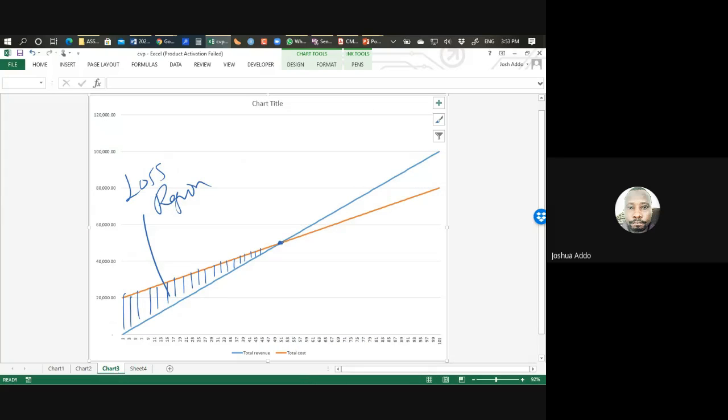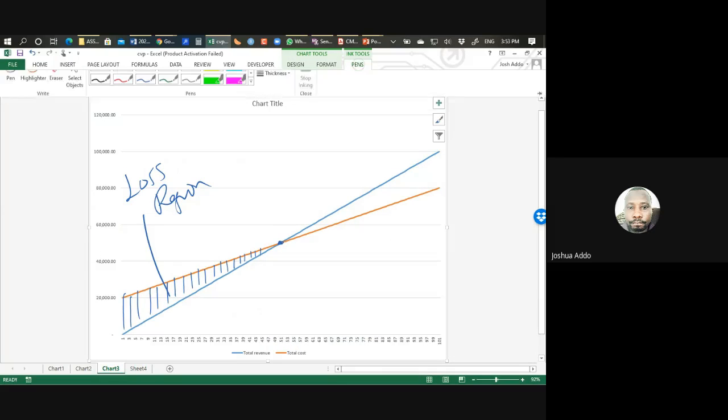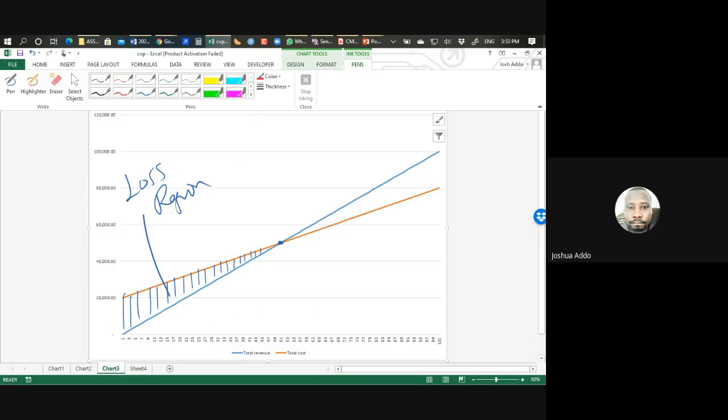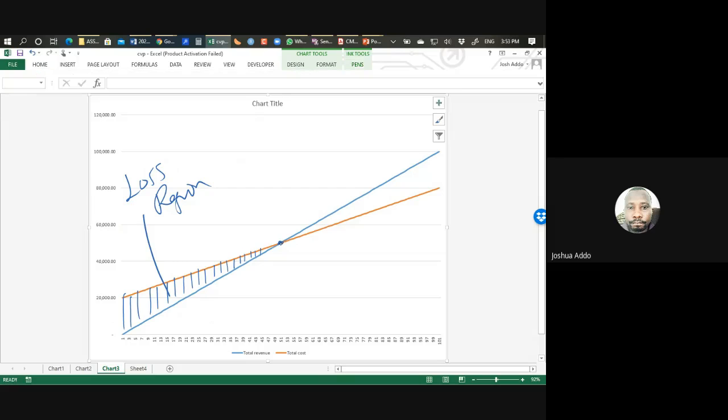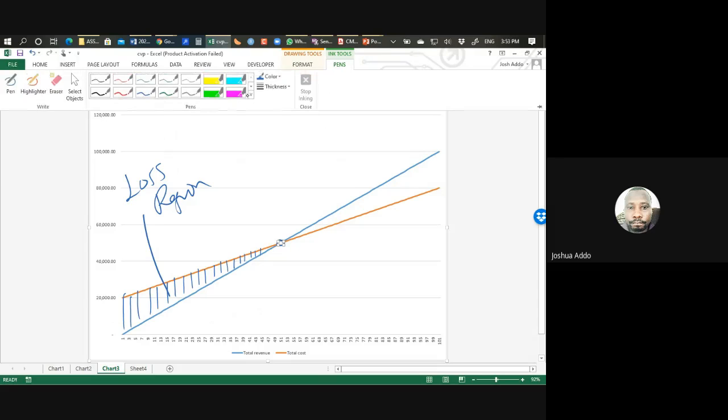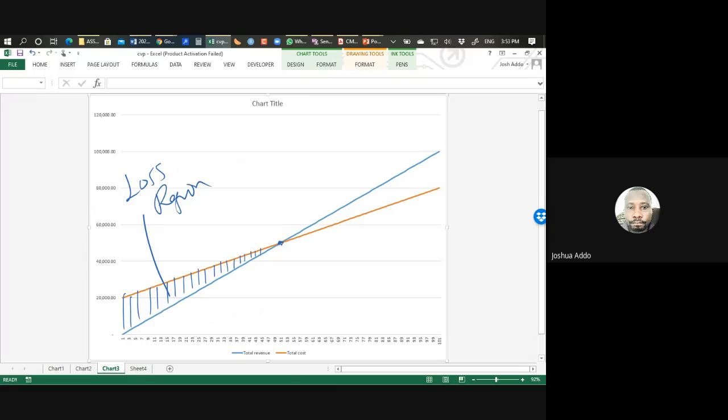So from the chart, the meeting point, the point where total revenue is equal to total cost, 50,000, 50,000, is the break-even point. So when you trace, this is using a scale. So the numbers below need to be multiplied by the scale it is using. So it's around here between 49 and 51, which will be 50. So I think it's a scale of 100.